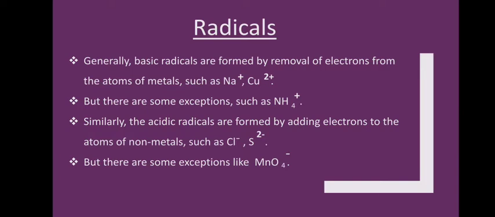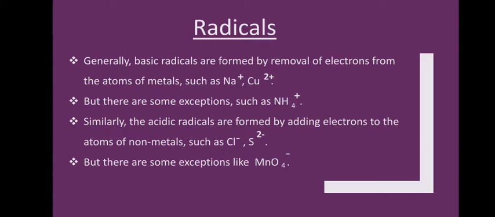Why so? Because when you remove one electron, the number of positive charges increases. How? If you consider sodium, it had 11 protons and 11 electrons. Now one electron is removed, so the positive charge, which is still the same, is 11 protons. So that is why it will have a positive charge on it, right?